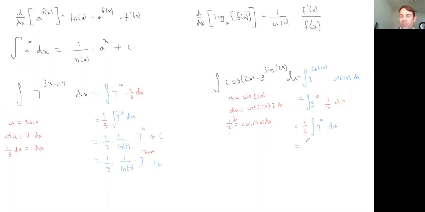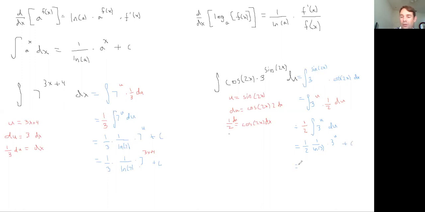All right, so same thing as before, 1/2 times 1 over the natural log of 3. If it was still e, that would have been 1 over the natural log of e, which is just 1, which is why it goes away. 3 to the u plus c.